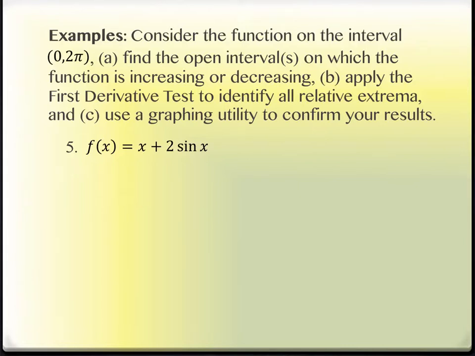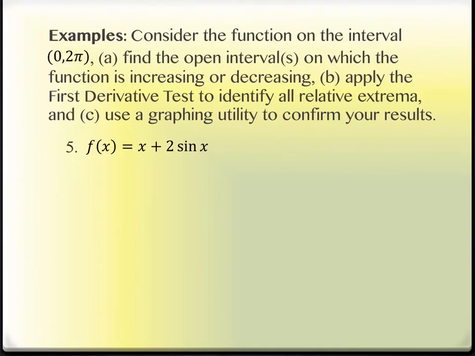So while the directions are set up slightly differently, the only real difference, even though they've labeled the A, B, C parts differently, is that it's confined to 0 to 2 pi. Everything else is the same. It doesn't specifically say find the critical points, but you have to do it. It's part of part A, so it's sort of hidden in those directions. There's really still 4 parts.